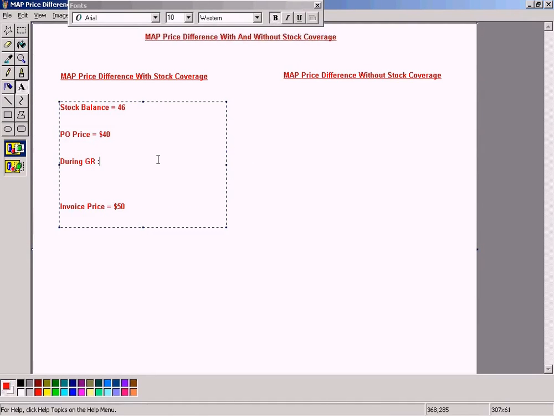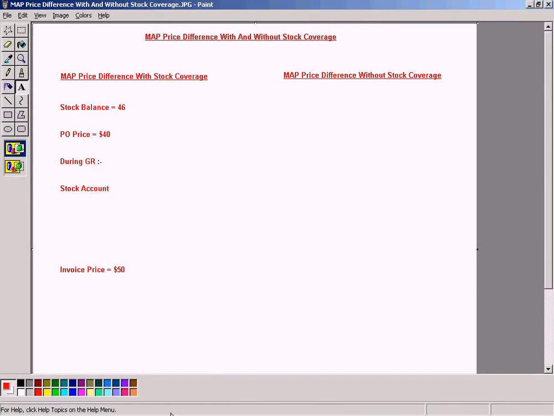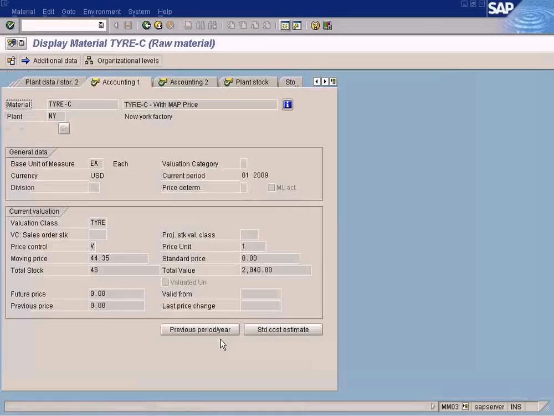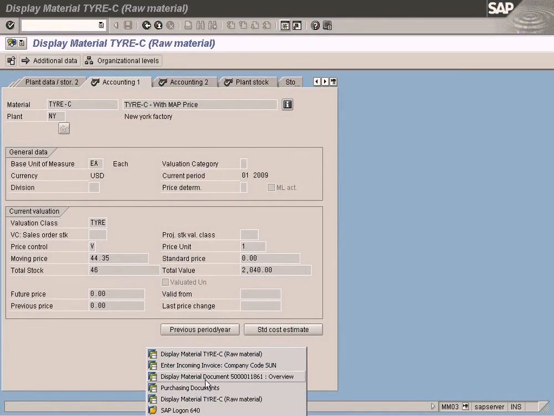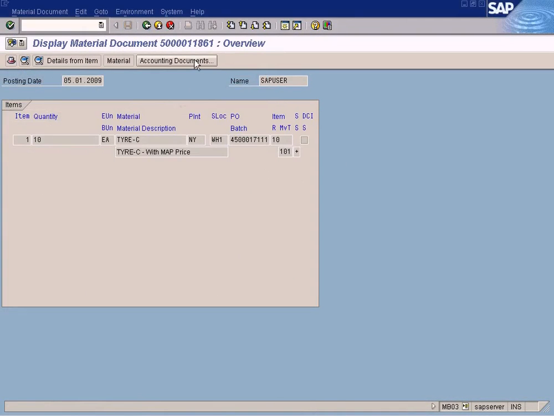During goods receipt, the following has been posted. Let me check the postings first: material document, accounting documents.